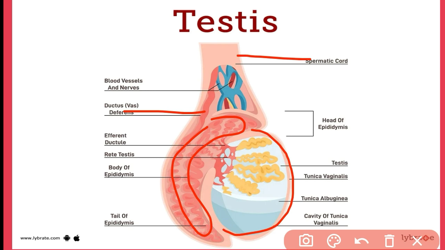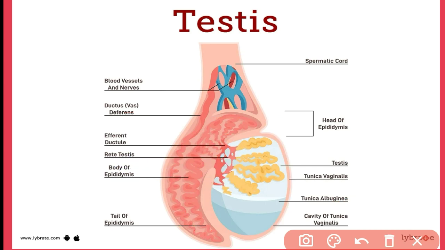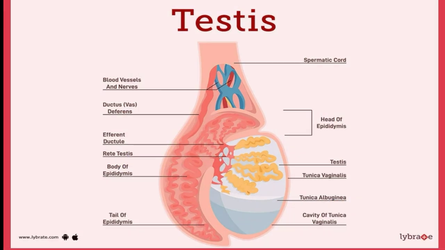The inner layer is the tunica albuginea. This is the body of epididymis, tail of epididymis, and head of epididymis, and this part is the rete testis. This is a description of a testis.